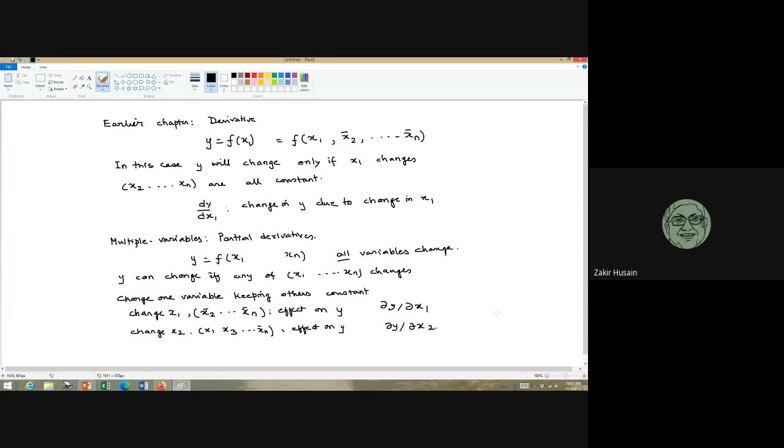Okay, and the general form is that we change x1, keeping x1 to xn constant, and the effect on y is del y del x. Is it clear now? Yes, sir. Okay, it is very clear.